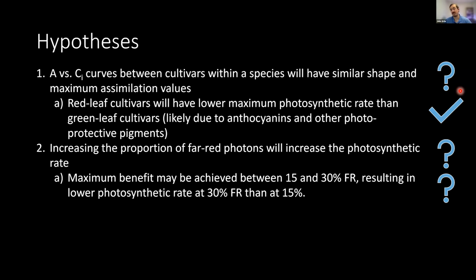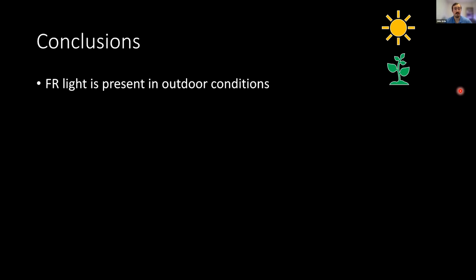We saw some plants with their maximum photosynthetic rate with 30% far red, but other plants with their lowest photosynthetic rate with 15 or 30% far red, or any far red at all. So that doesn't exactly answer that question, but it definitely is something that I will continue looking into.